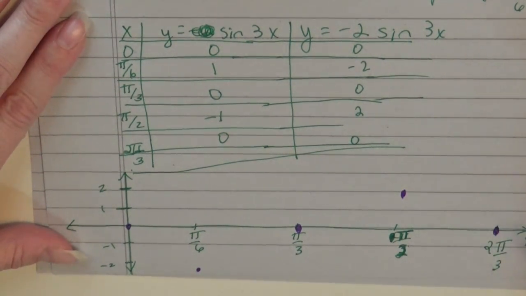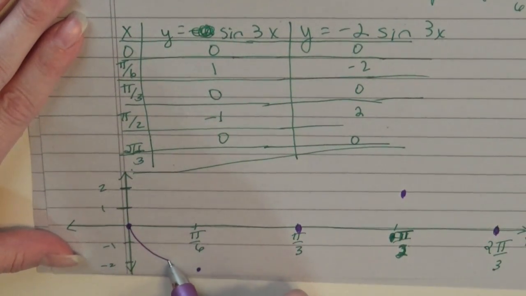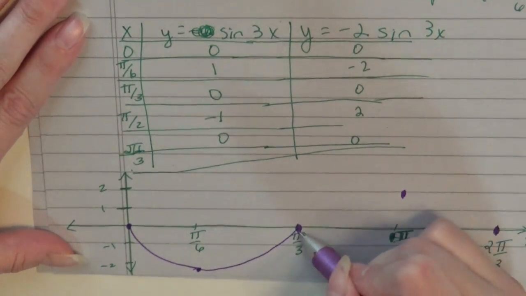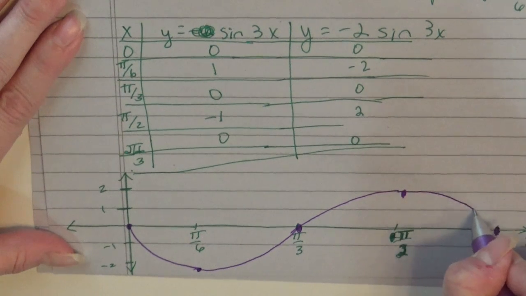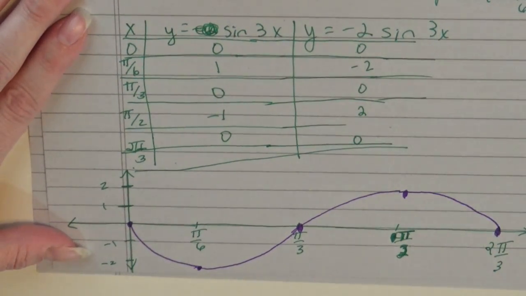So we're getting that same sine function that we had before, except it's got a different period, it's got a different amplitude. And also you'll notice that that negative in the front has affected the graph as well. Just like with any function, if you multiply it by a negative, it's going to flip it across the x-axis. So that's exactly what's happened here.